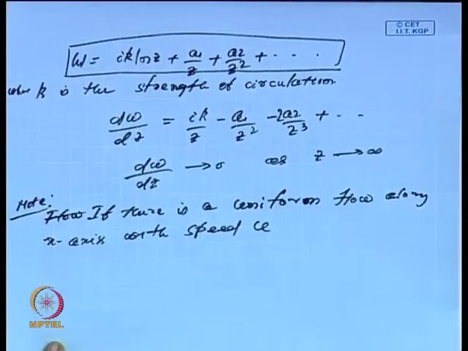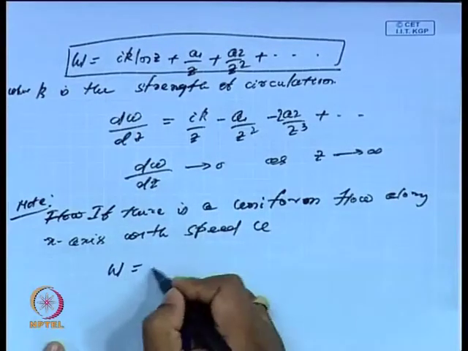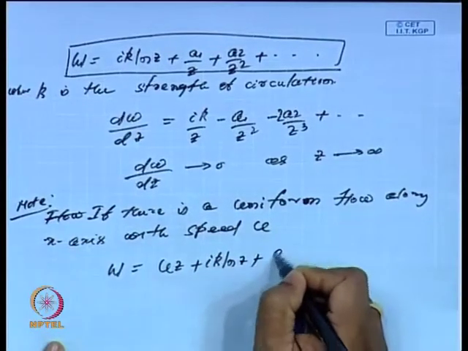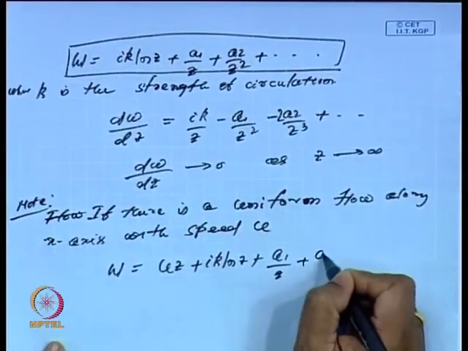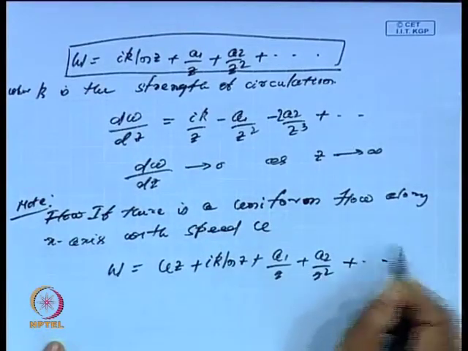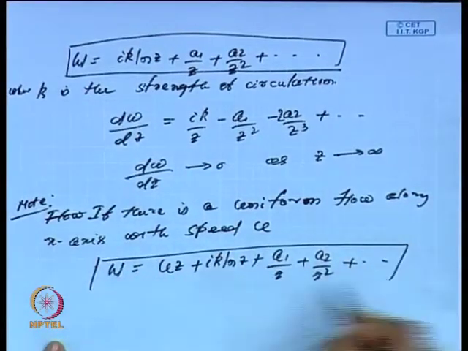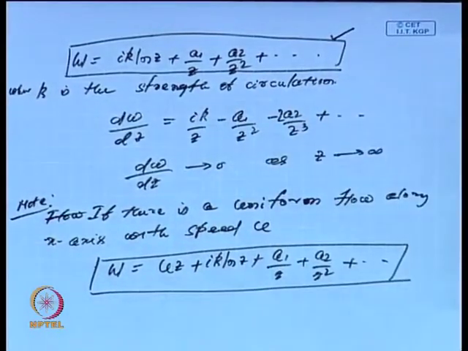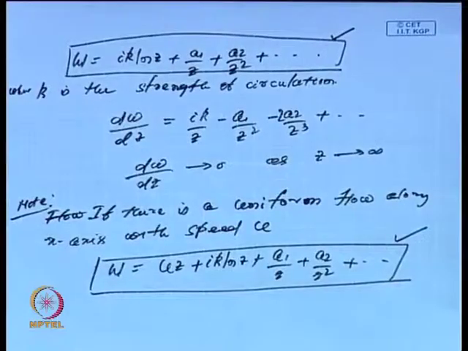Then the general motion can be w equals u z plus ik log z plus a1 by z plus a2 by z square plus so on. When there is no uniform flow, the previous form gives the motion where the fluid is at rest at infinity. When there is a uniform flow along the x axis with speed u, this is the most general form of the complex potential.